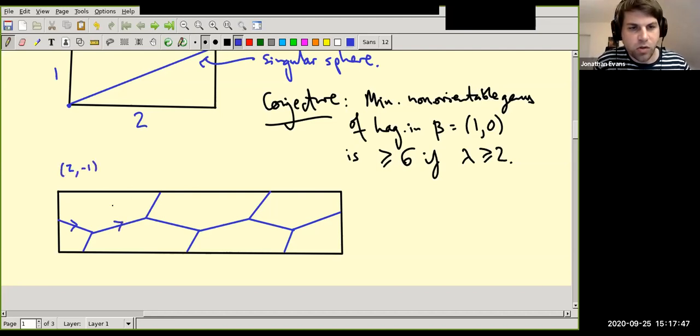This guy is pointing in the 3, 1 direction. And this guy is pointing in the 1, 2 direction. And then all the other ones are parallel to one of these. So I claim, oh, I've drawn that wrong, I believe. That's right now.